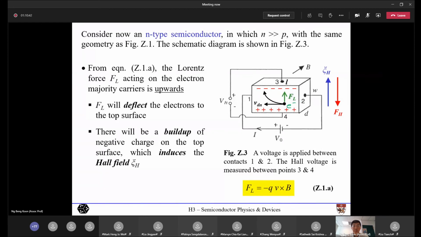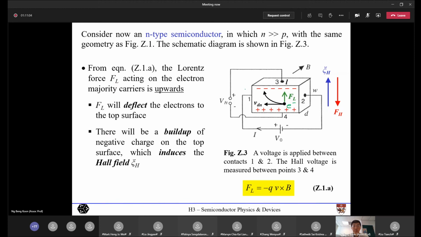If the electrons move to the left and you work out the Lorentz force, you'll find that the Lorentz force is pushing the carrier up.